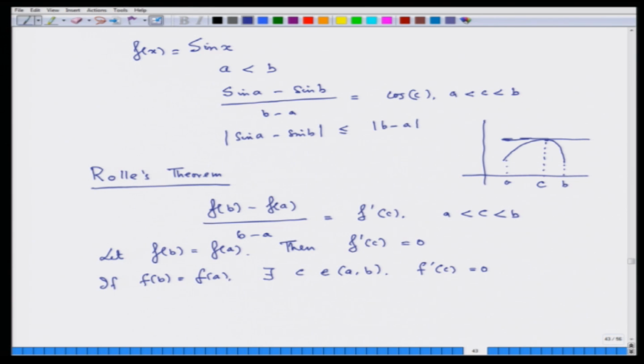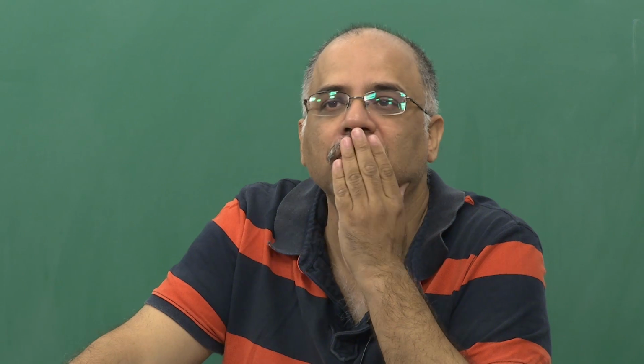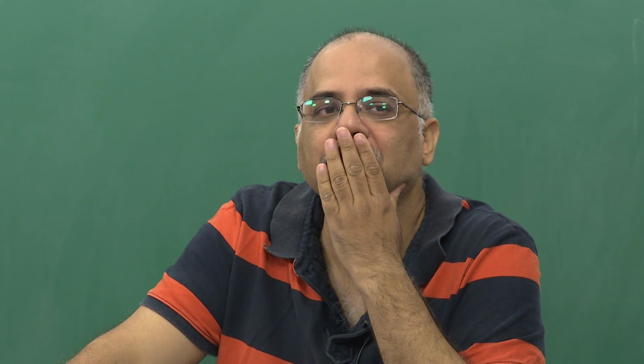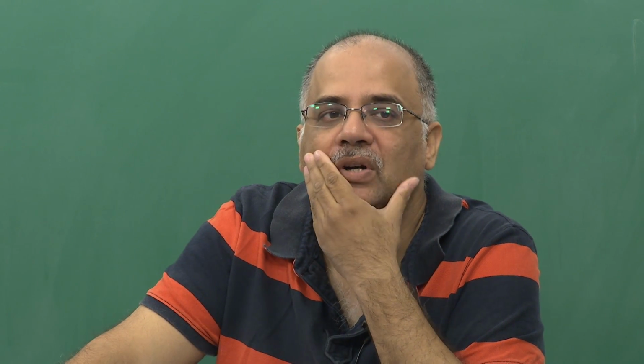So, you see how an interesting result like the mean value theorem leads you to several more facts. There are more things you can talk about. Now, I will tell you something interesting. Suppose f'(x) is 0 throughout the interval a b, then what is going to happen?